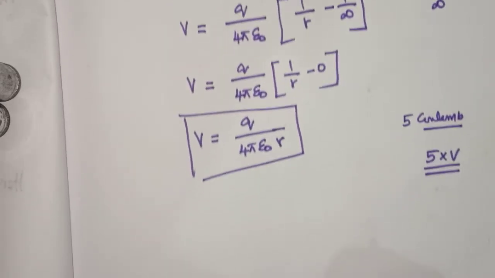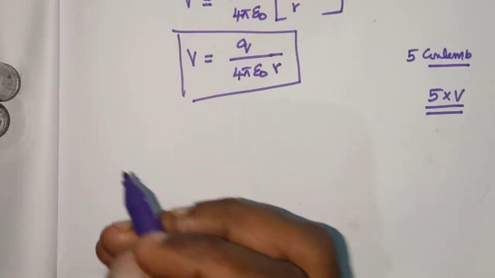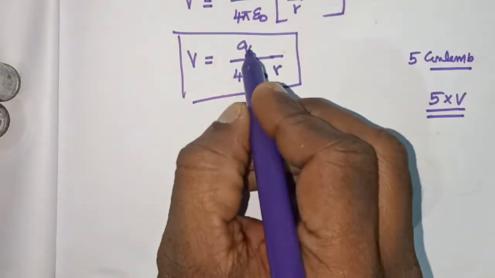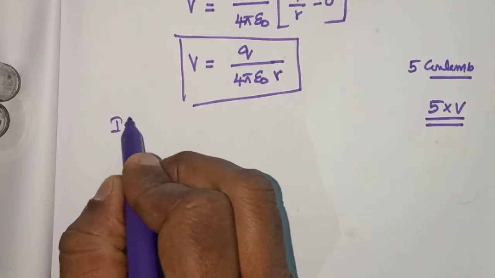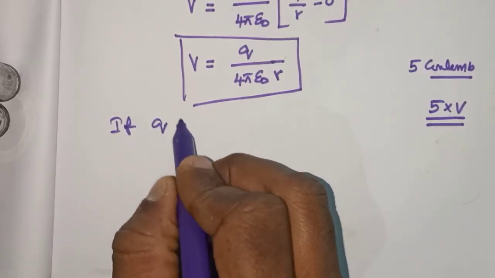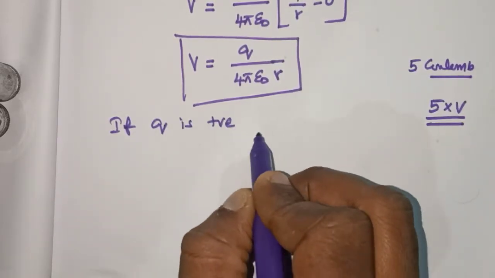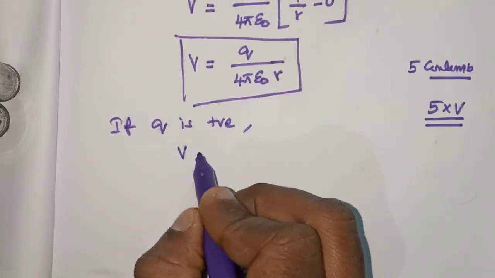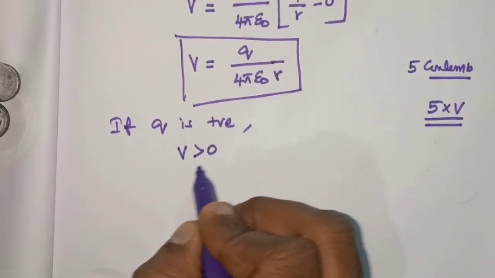Okay, here this Q, if Q is positive, the potential V is greater than 0.